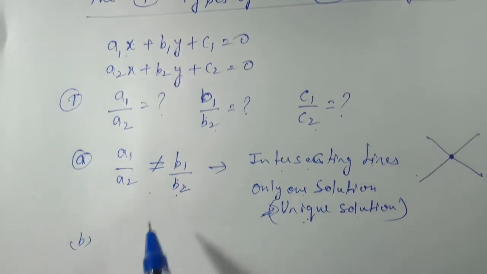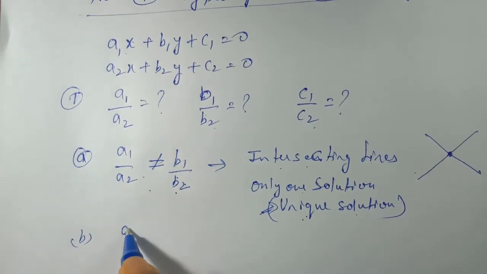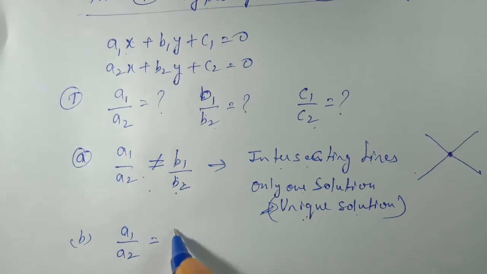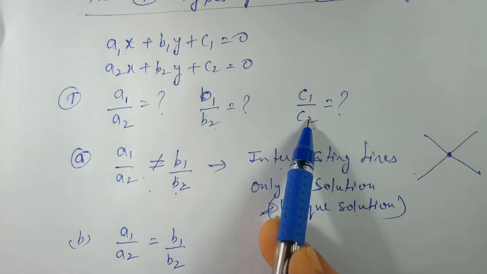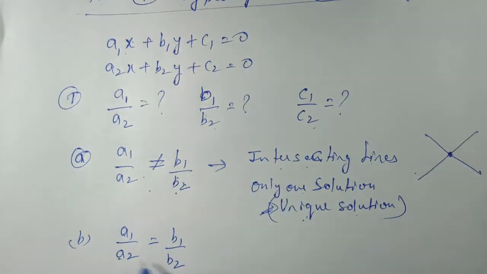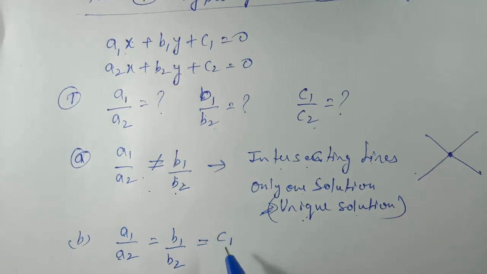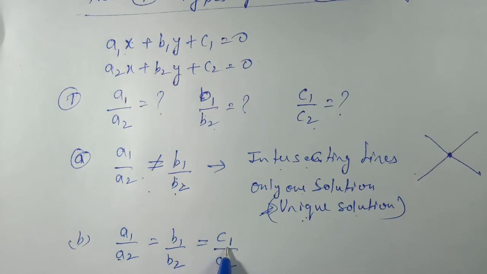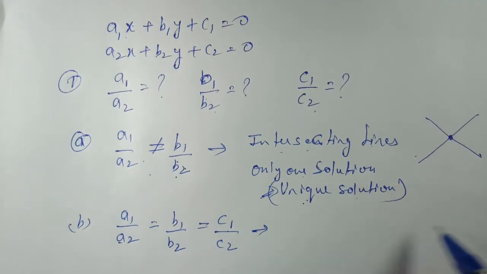Part B, second condition. If the first two ratios are equal, then we have to compare the third one also. If the third one is also equal, it means all three are equal, then the lines will be coincident lines.